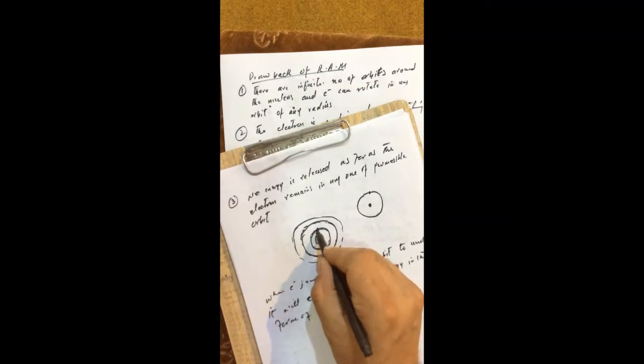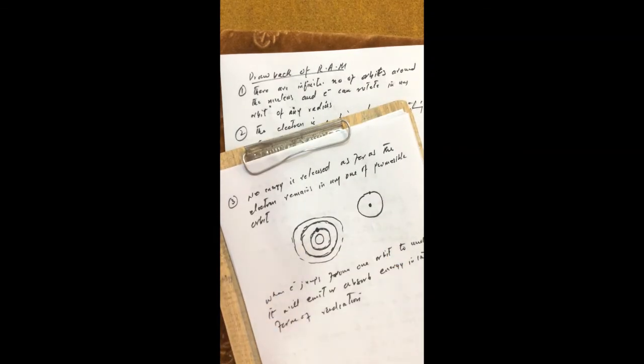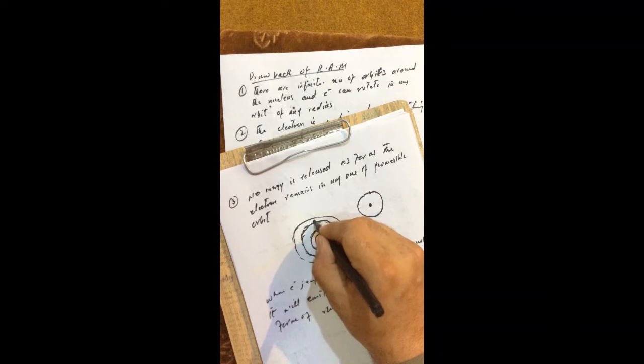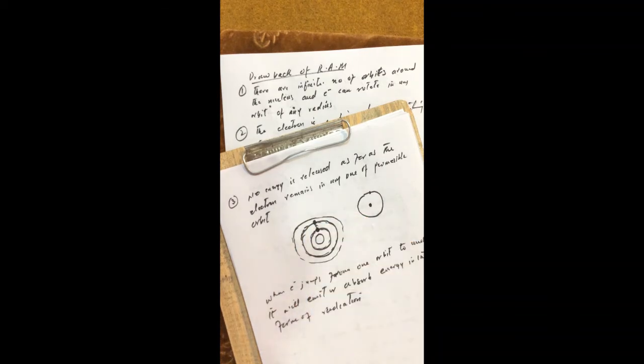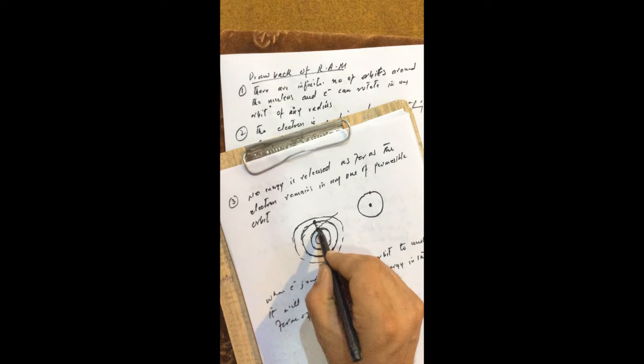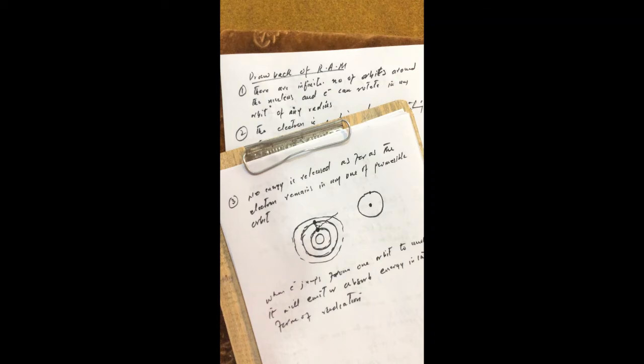Suppose we have an electron here, and it jumps from this lower orbit to this higher orbit. It means that it will absorb some energy or radiation, and due to this absorption it will jump from this orbit to this one.